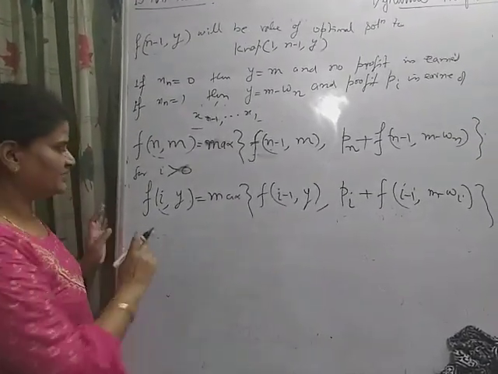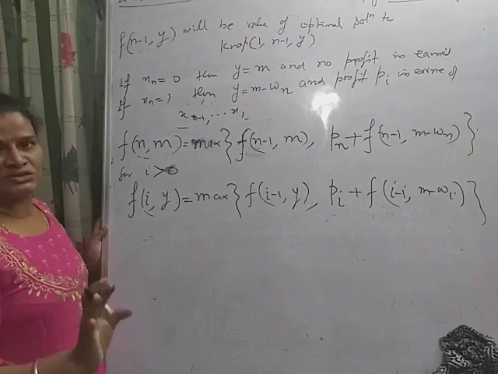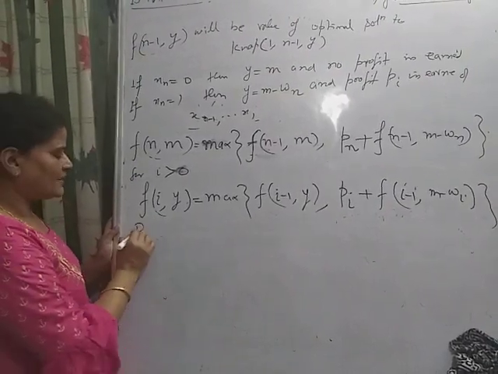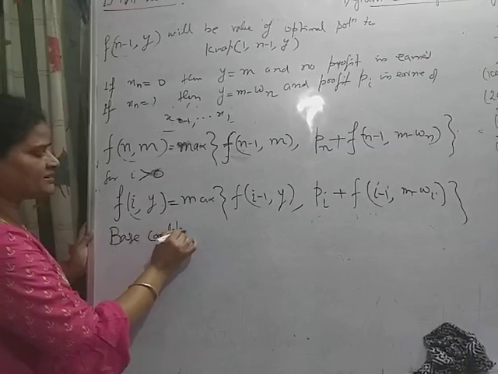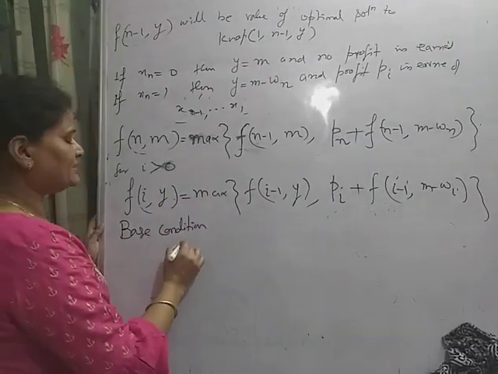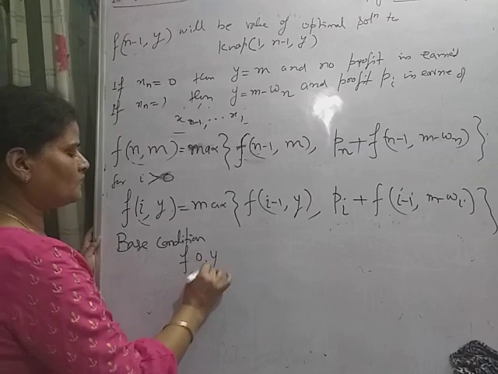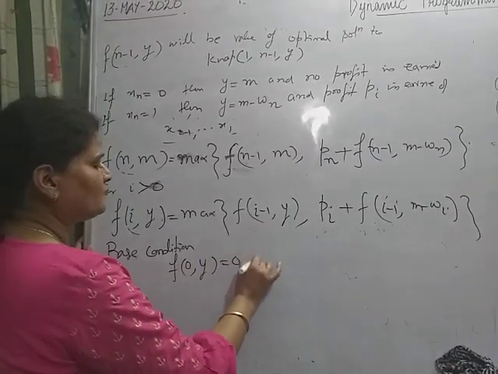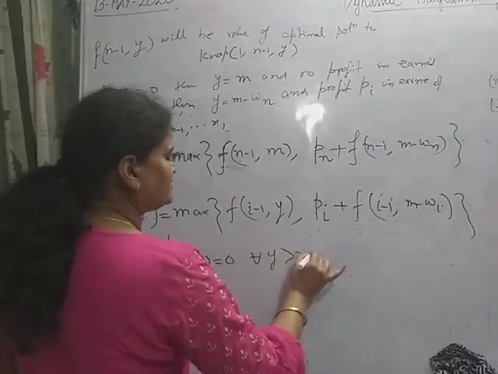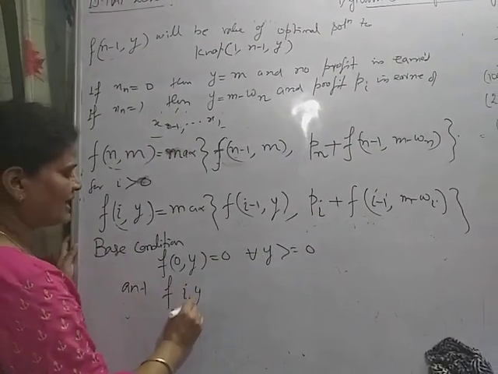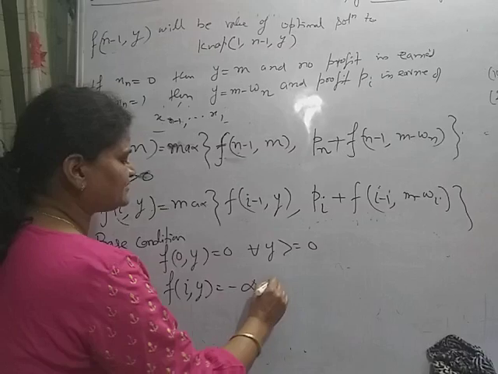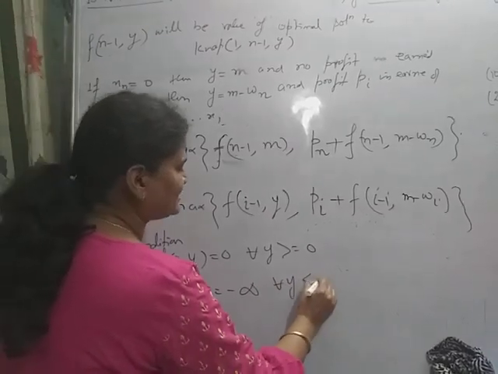Now, because this is a recurrence relation, there should be a terminating or base condition. The base condition for this recursion is that f(0, y) equals 0 for all y greater than or equal to 0, and f(i, y) equals minus infinity for all y less than 0.